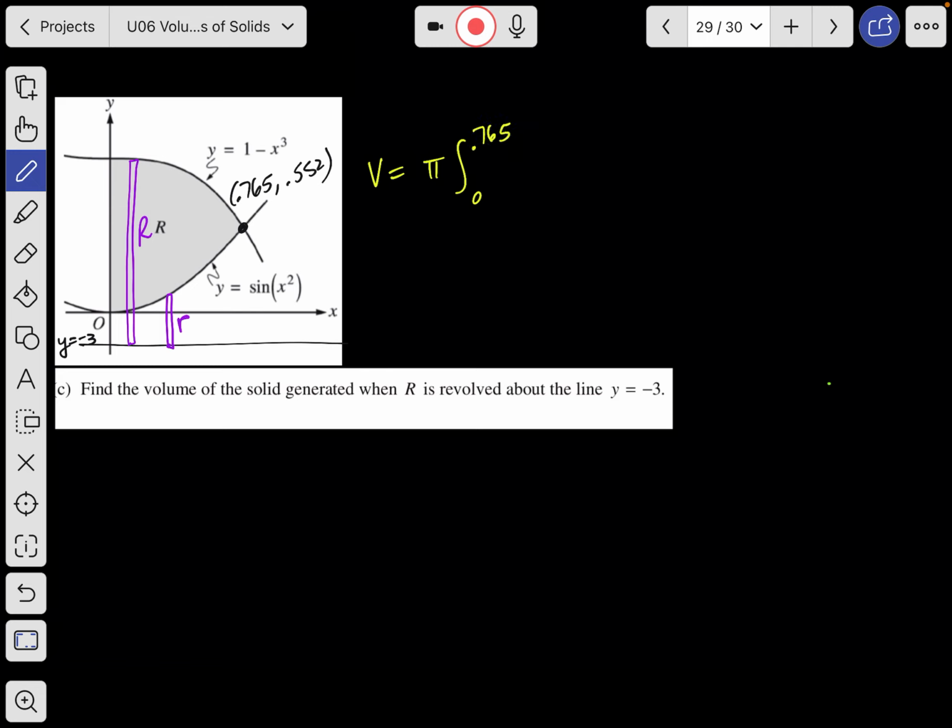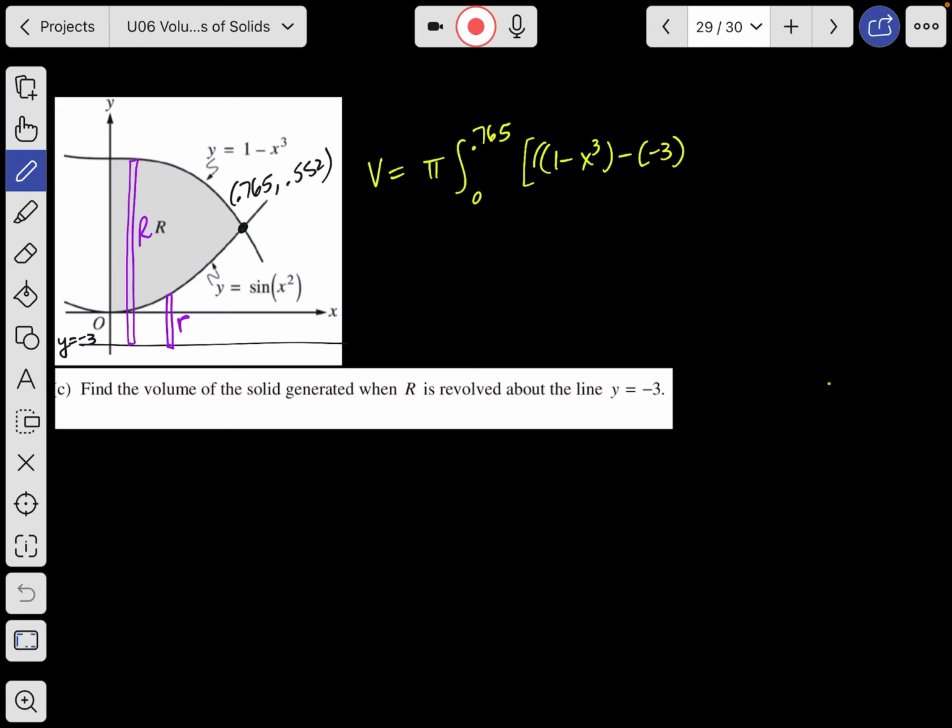So from 0 to 0.765 of the outer radius, and this is top minus the bottom function, so this is going to be 1 minus x cubed minus a negative 3.